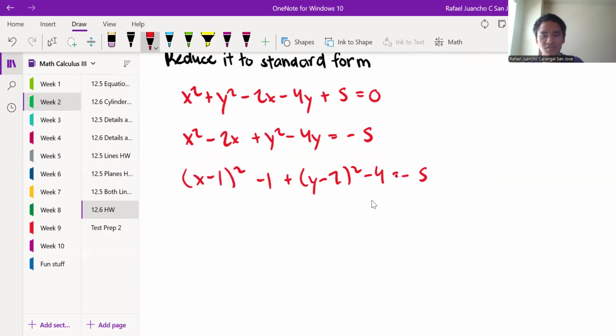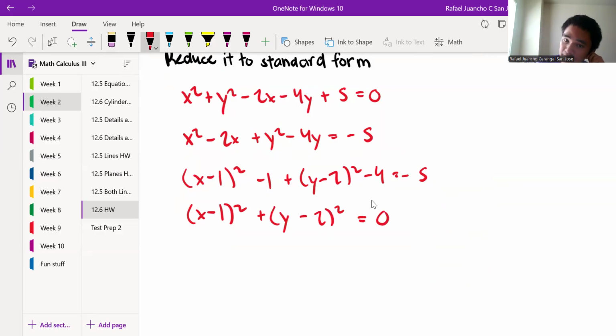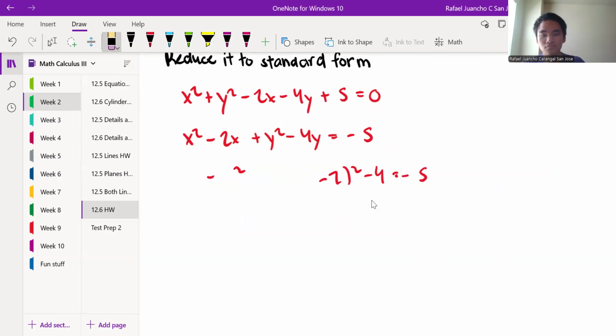This is x minus 1 squared plus y minus 2 squared equals 5 plus, or -5. Oh, would you look at that? If I put this to the other side, I get 0. It's a circle.